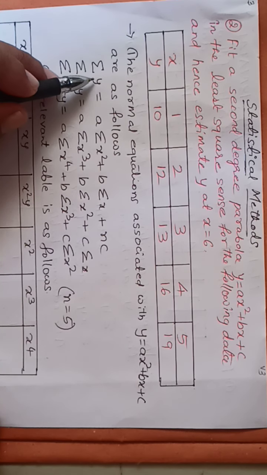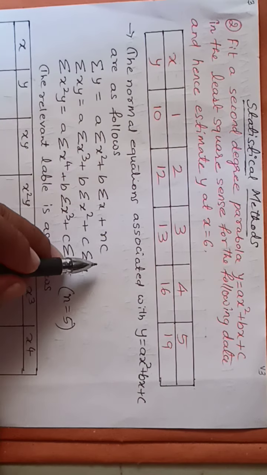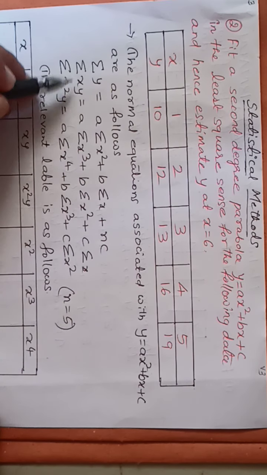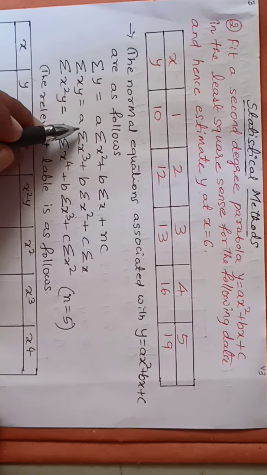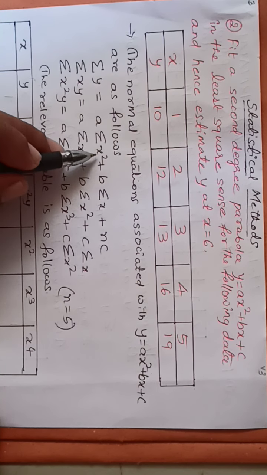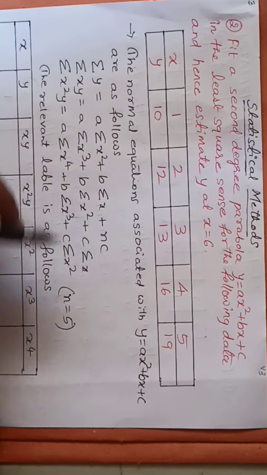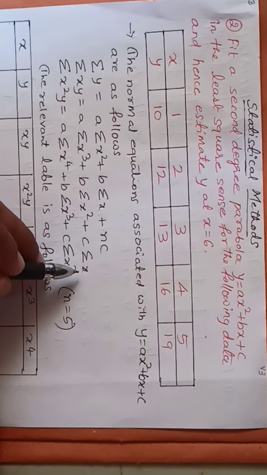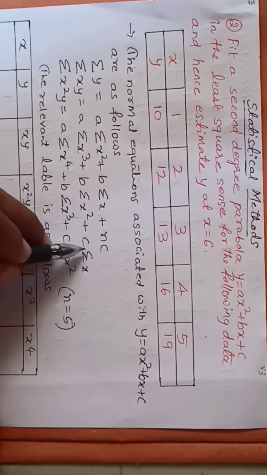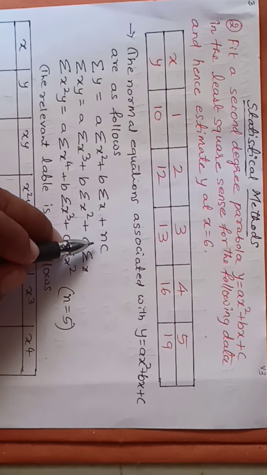Next, multiply this equation with x. So it becomes summation of xy is equals to a into summation of x square into x, x cube, plus b into summation of x into x, x square, and next c into summation of x. So we have multiplied x, and c is a constant.